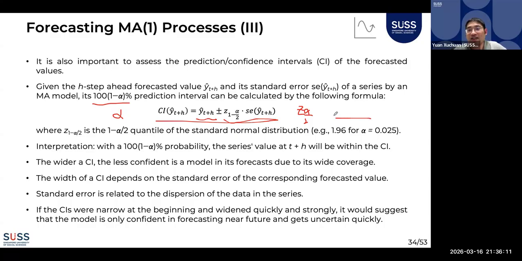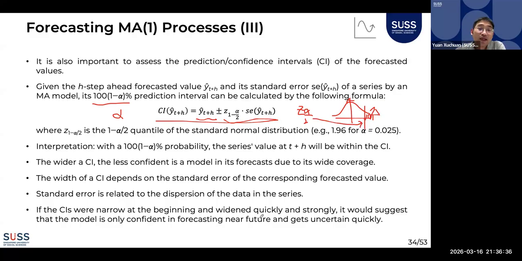Basically, it is the standard normal distribution with mean zero. And this value is determined by alpha divided by 2, the probability of this area. So this will be this value, the critical z value.